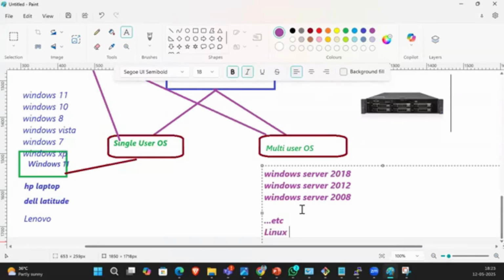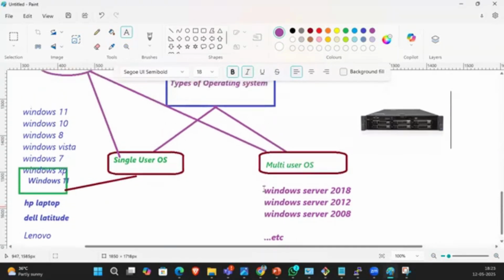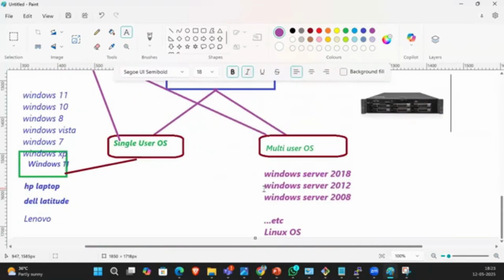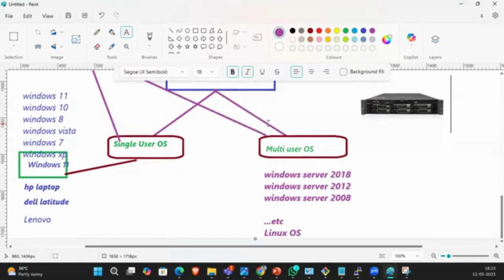What else, guys? Linux. Linux OS is popular as a multi-user operating system. Now you understood? Is Linux a single user operating system or a multi-user operating system? Linux is the multi-user operating system.